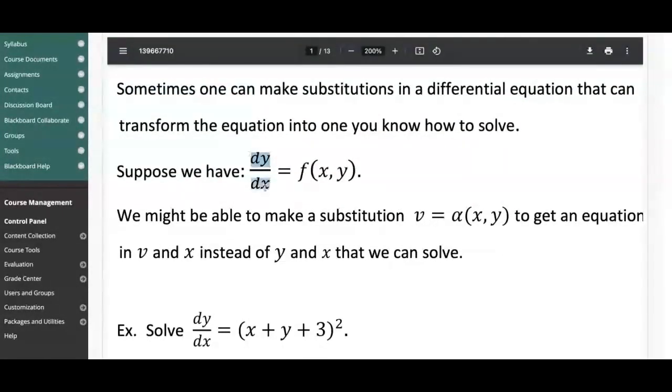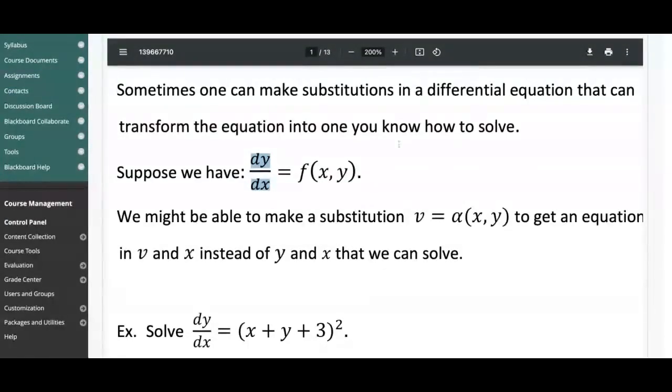Suppose we have dy/dx equal to the little f of x, y, in terms of two variables. So for Zihao and Suzanne, you're taking vector calculus now. You're dealing with vector valued functions.